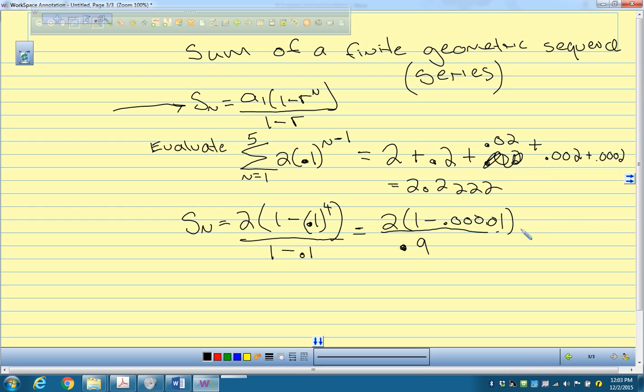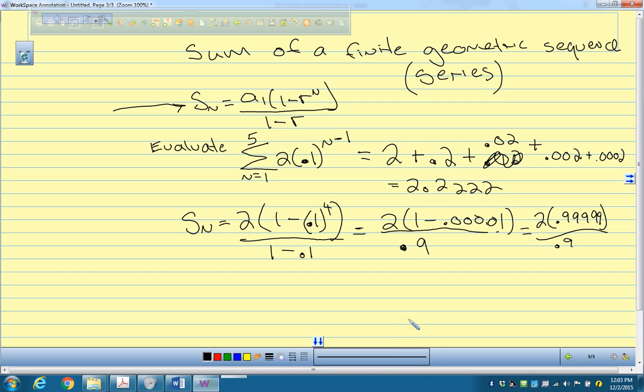Divided by 1 minus 0.1, which is 0.9, and that is 2 times 1 minus 0.00001, which is 0.99999, divided by 0.9.